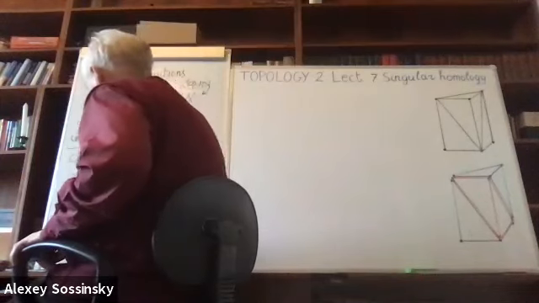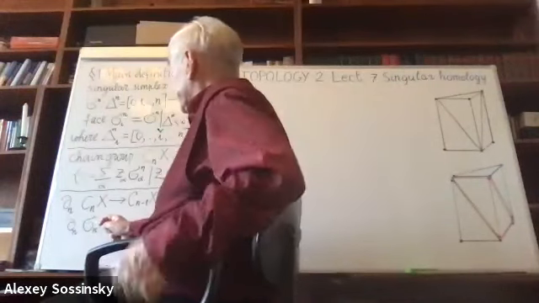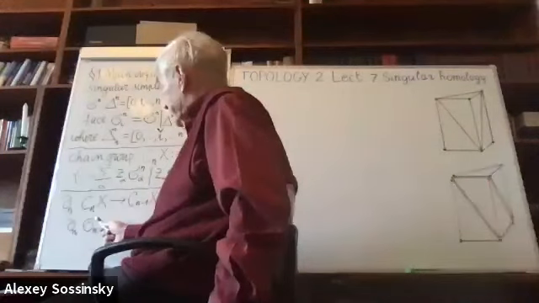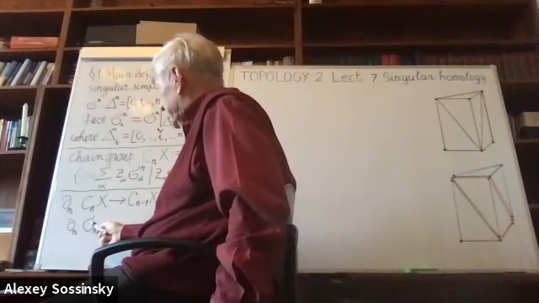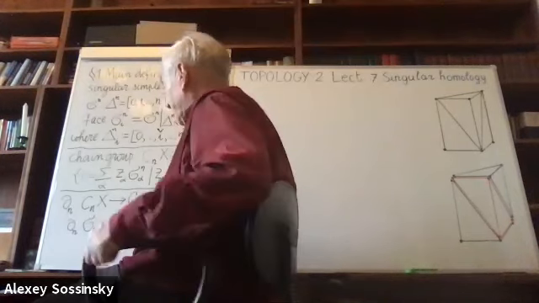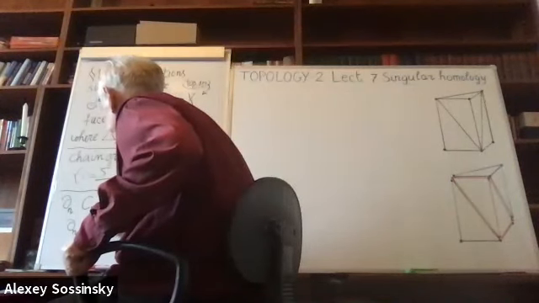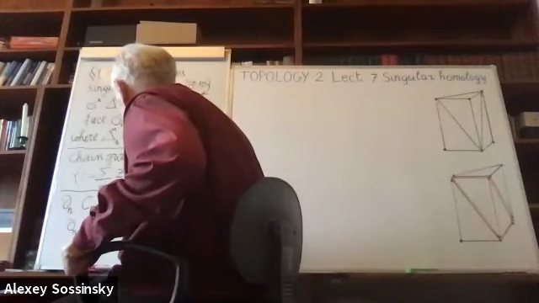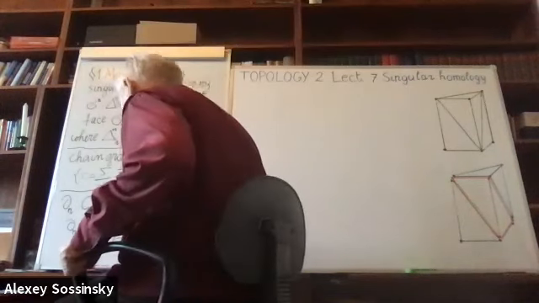So the boundary operator on a simplex, or more precisely, on a chain consisting of a single simplex with coefficient plus 1, is by definition what you think it's going to be. It's the same definition that we considered in our study of simplicial homology.